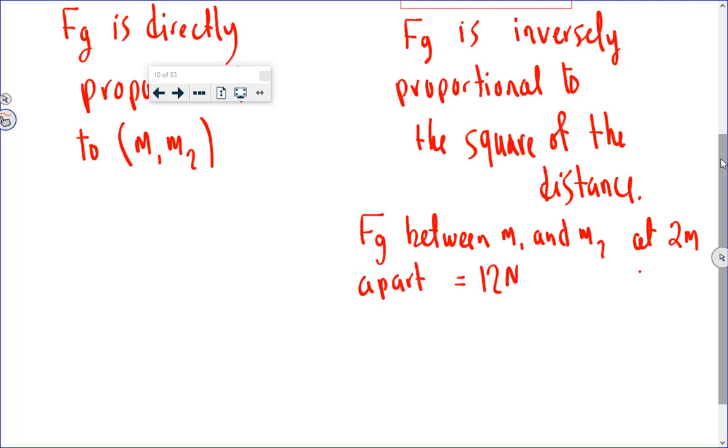Don't worry about whether the numbers are reasonable or not. So what I'm saying is I take two masses, whatever they are, I put them 2 meters apart, and there's a force of attraction between them of 12 newtons.